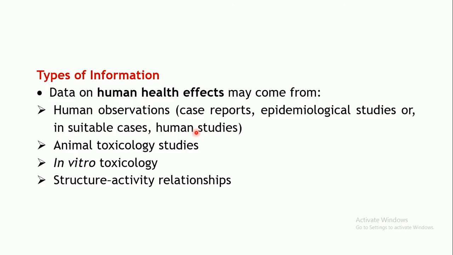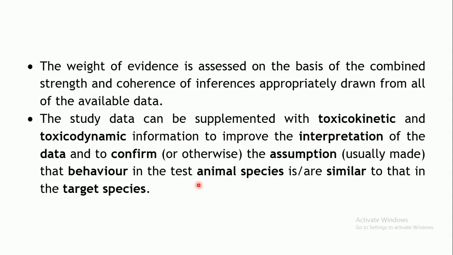Information can also be obtained from animal toxicology studies, where studies carried out in animals are extrapolated to human beings, or from in vitro toxicology studies. Even structure activity relationships help in predicting information about a particular chemical, or the probable risk it has when exposed.